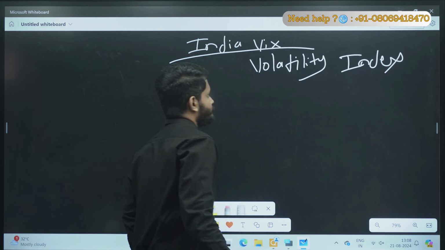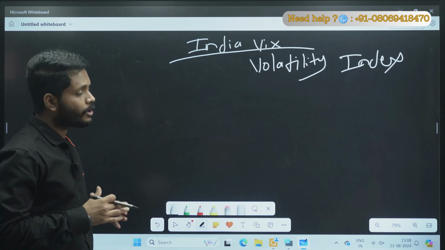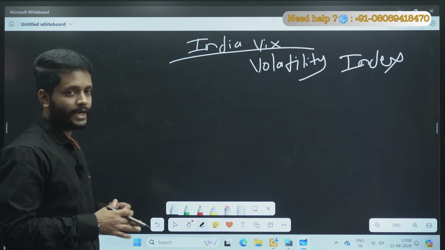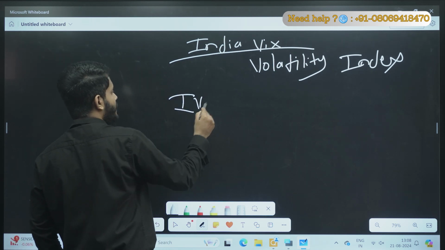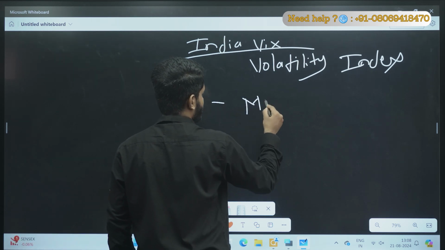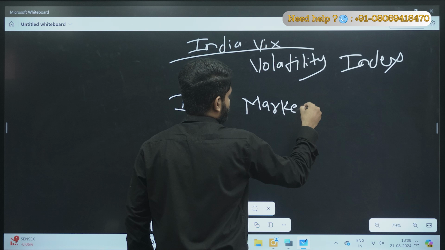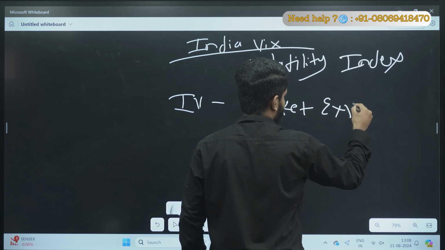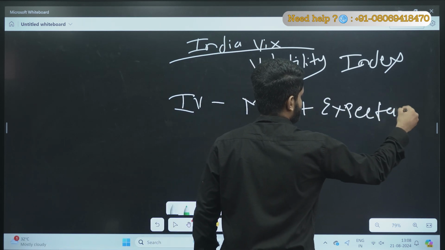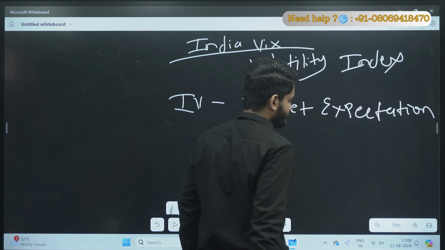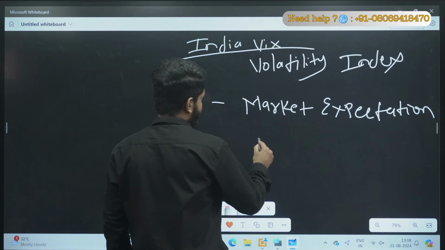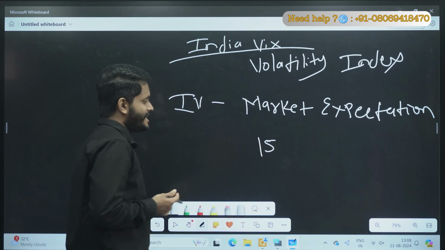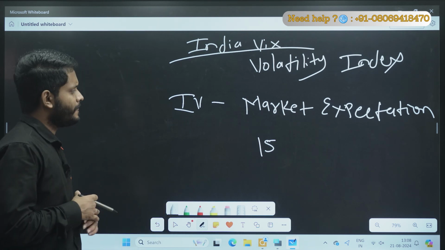First of all, we'll talk about IV, implied volatility. What is volatility? Implied volatility is market expectation. Say for example, implied volatility is 15. That is, we are expecting a 15% movement on either side.